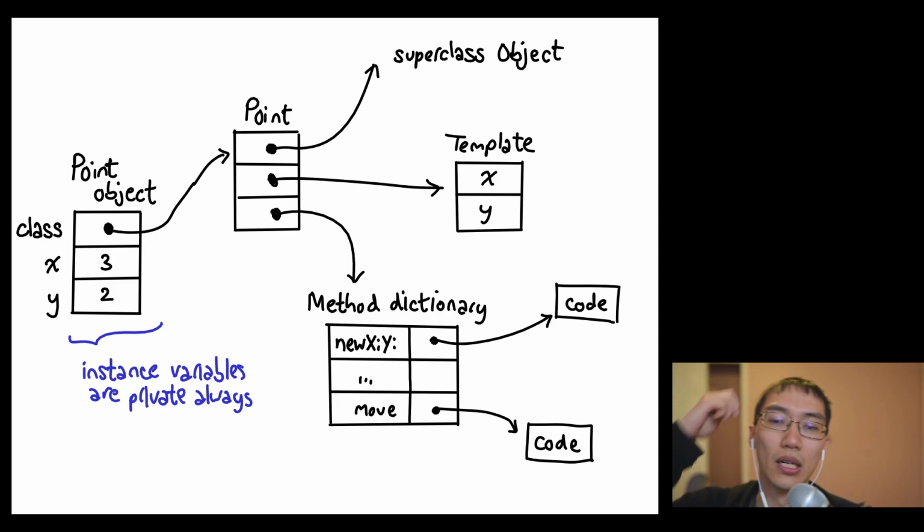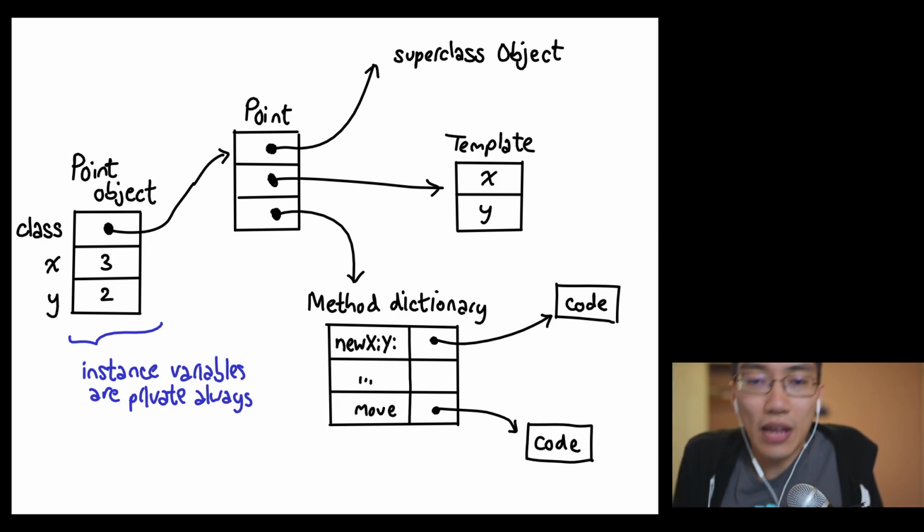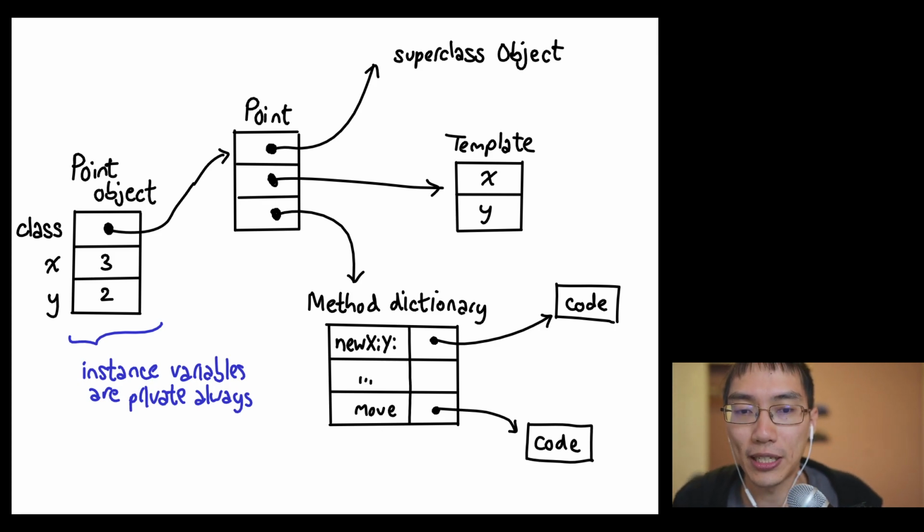And it also comes with a method dictionary. This method dictionary is basically a mapping from all of the selectors to the method code that actually knows how to process a message with some particular selector.